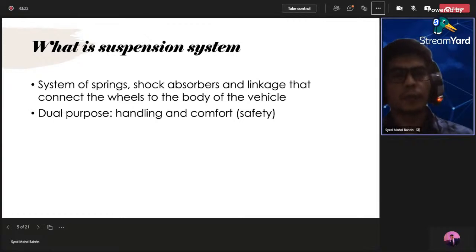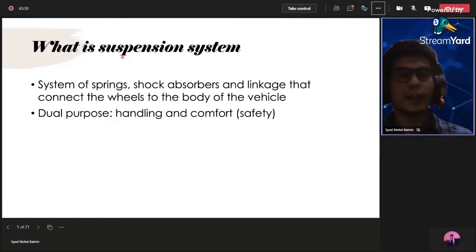So in general, I'm talking about general first here because, like I mentioned previously, there are 3 different types of suspension. We have passive or conventional suspension, we have semi-active, and we have active suspension system. In general, a passive suspension system has a few components. The most important are the spring and also the shock absorber, which you can see behind the wheel.